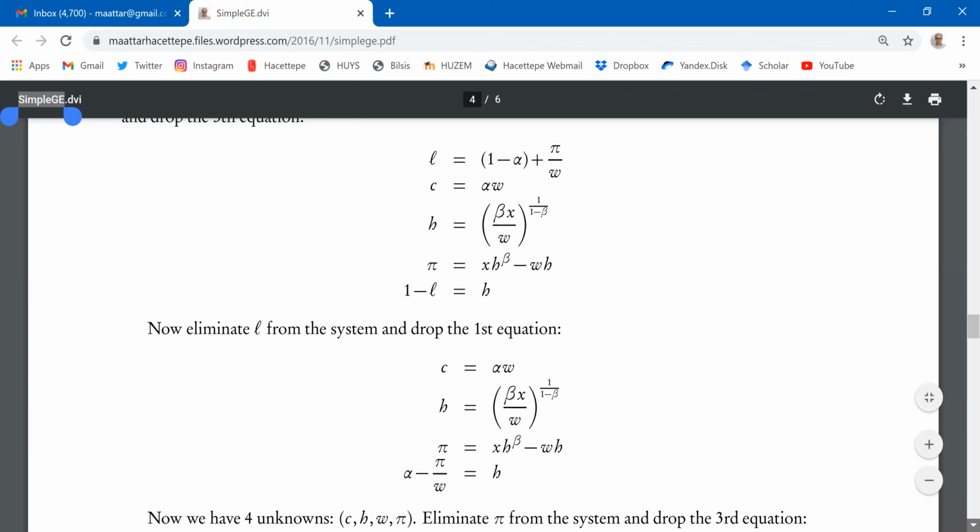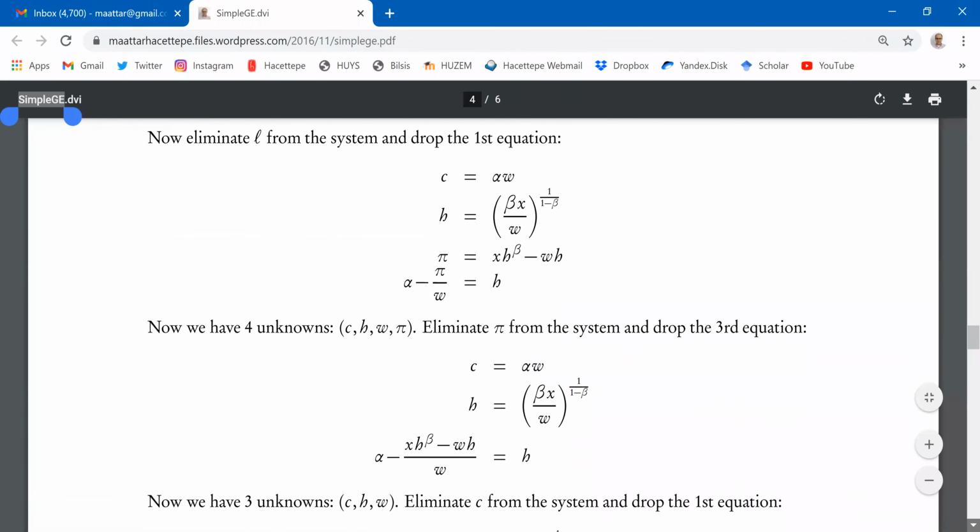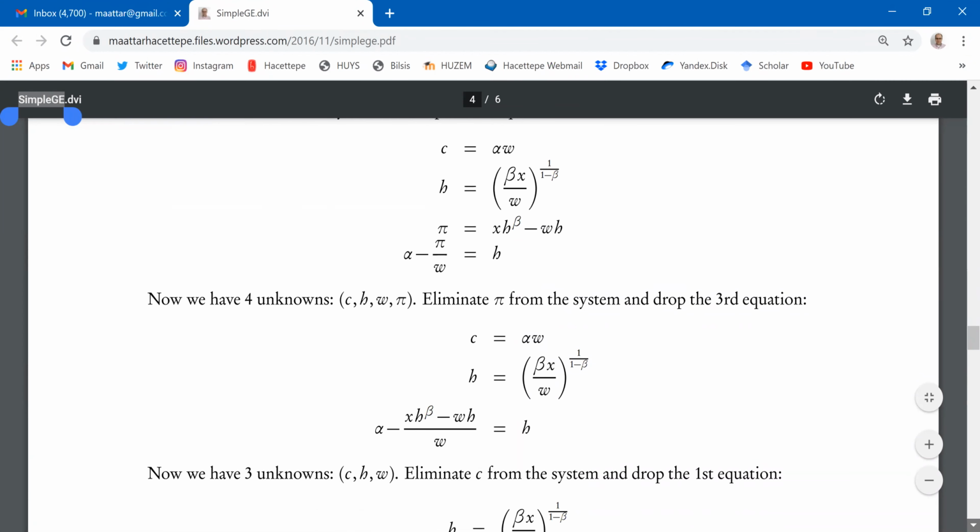You continue this process next by eliminating pi, profit. What did we do? We take profit from the third equation and put it in the fourth equation, because that's the only place where profit income appears. So then I have three equations in three unknowns: C, H, and W.